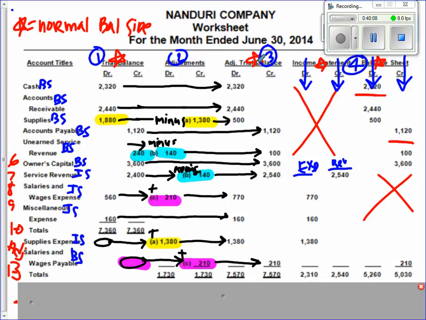This is the red flag area. We've got a problem here, people, because does 2,300 equal 2,540? No. And so what I'd like you to do, you know that little does not equal sign?